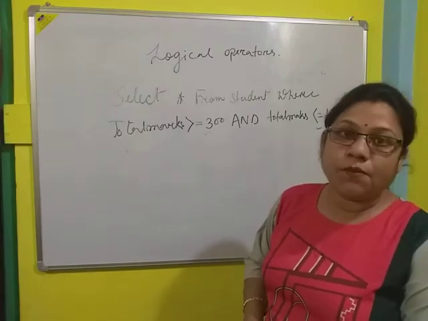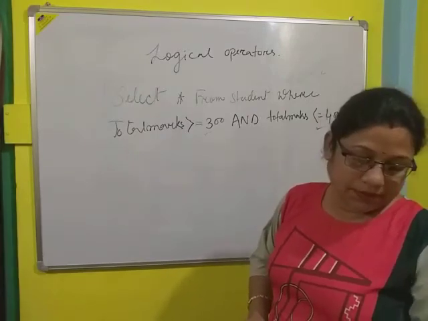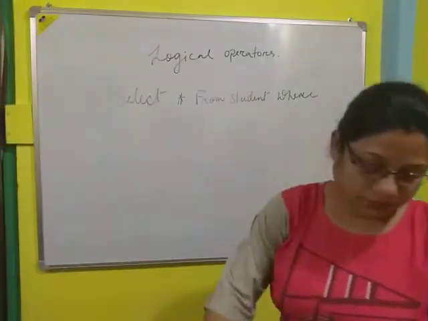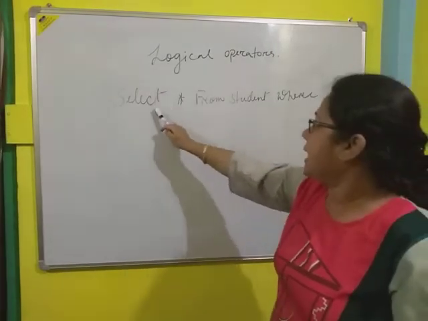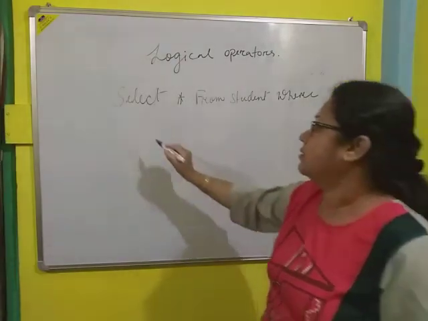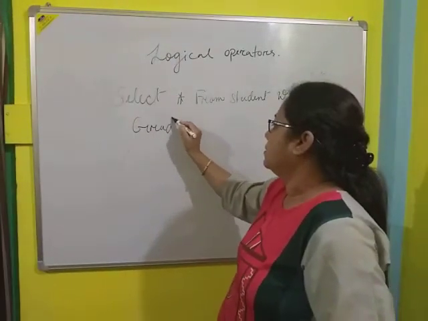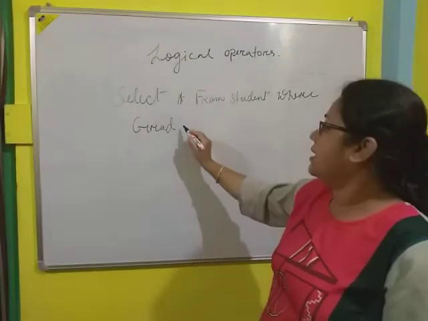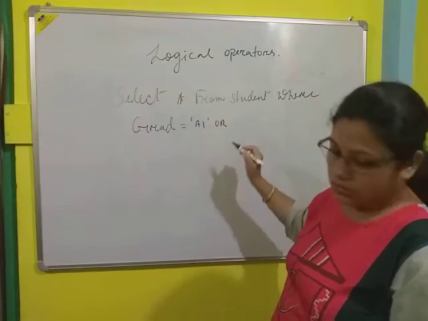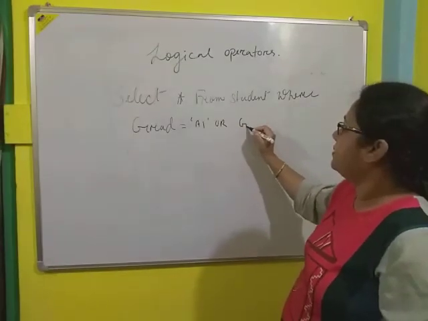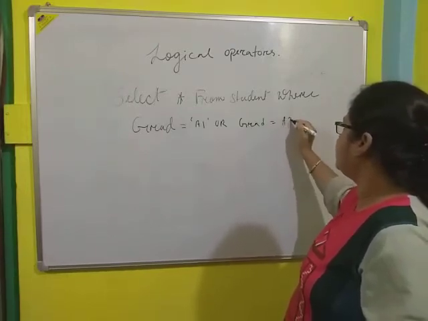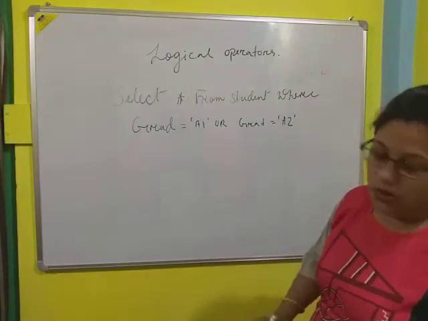So here in your book there is an example. I am going to write down this example here. Select all from student where grade equal to A1 or grade equal to A2. Okay.